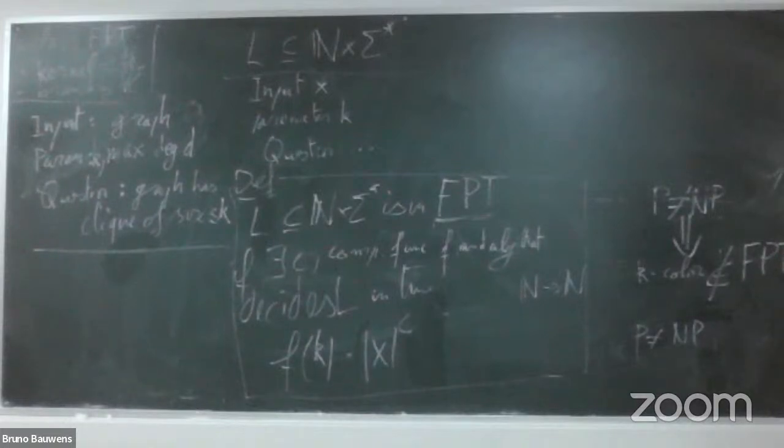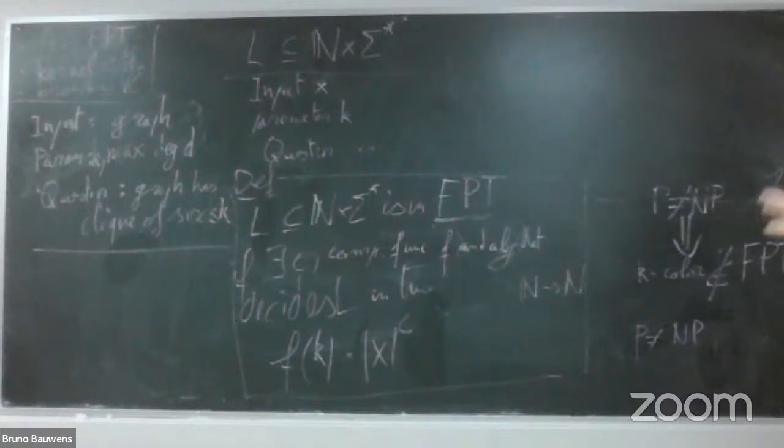So what is a clique? Is it a connected component? No. A connected component in a graph is when you pick a node, and all the nodes reachable from this node are called a connected component.